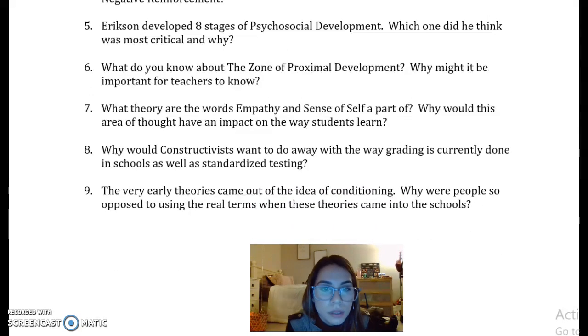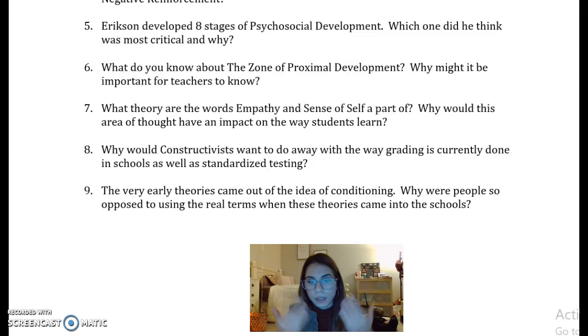What do you know about the zone of proximal development? Why might it be important for teachers to know? The zone of proximal development is where a learner is on their scale. It's like a big oval with a little one in it, and that's where the learner is. The end of the oval is where the scaffolding happens, and that's where they try to meet the end.